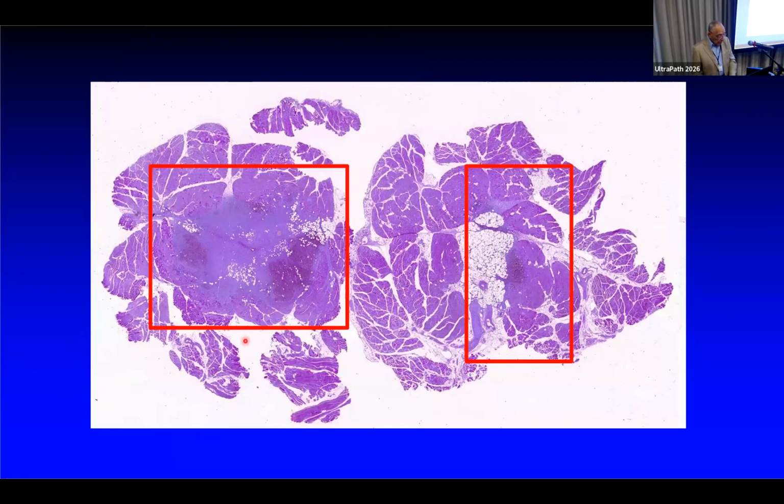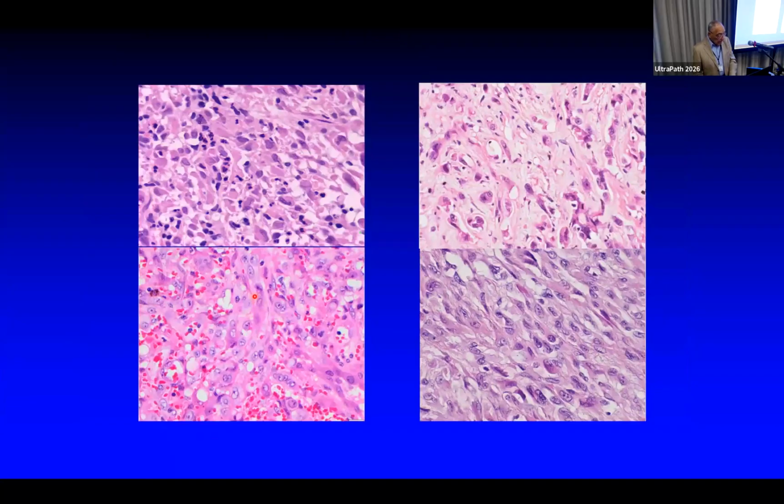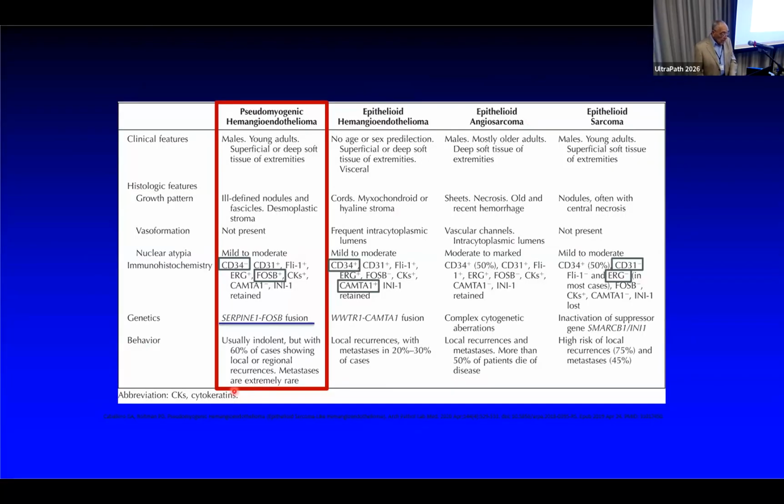This has the illustration of the original article. It's the same histology. It looks like an epithelioid sarcoma, and the immunohistochemistry marker is FOSB, and it has to be differentiated from epithelioid hemangioendothelioma, which is positive for CD34, and this is negative.